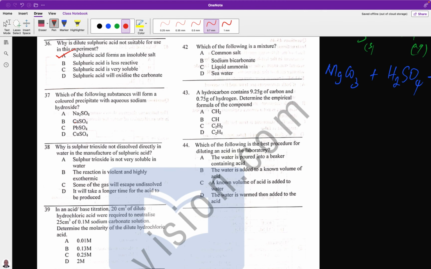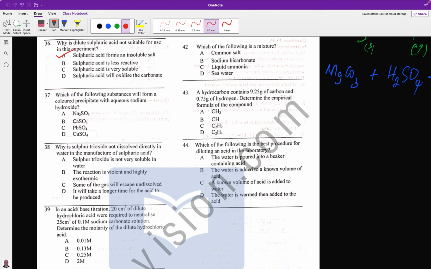You can notice that with calcium a precipitate will be formed, but they have said colored precipitate.